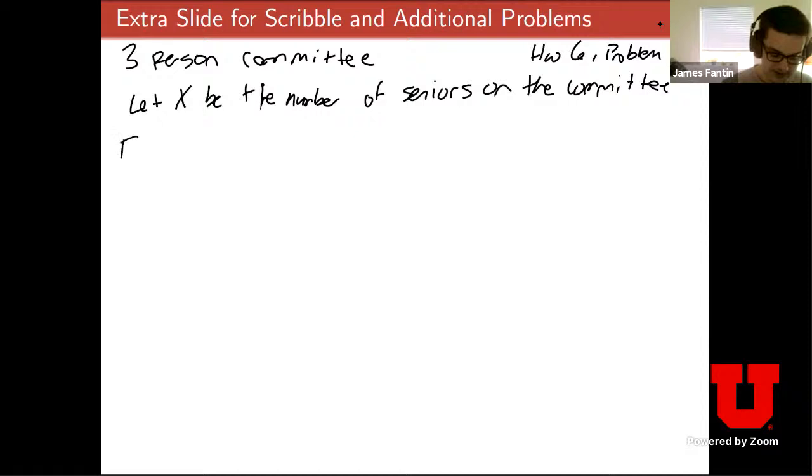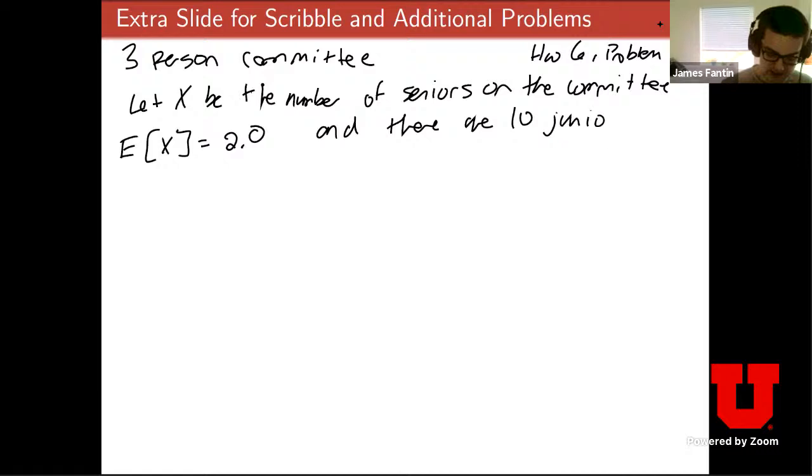And we're given in the problem that the expectation of X is 2. And there are 10 juniors. So we're drawing this 3-person committee amongst seniors and juniors.